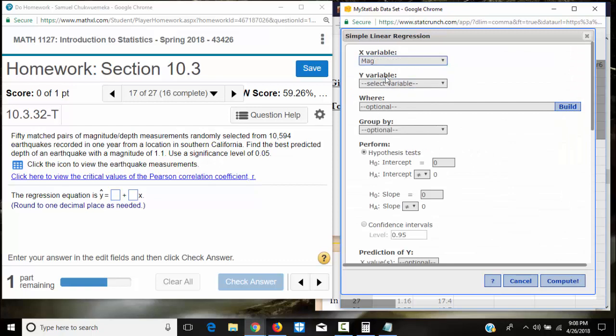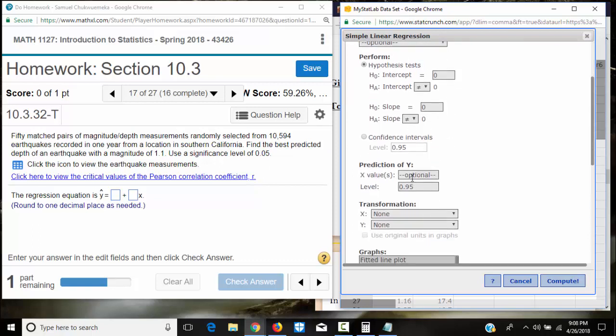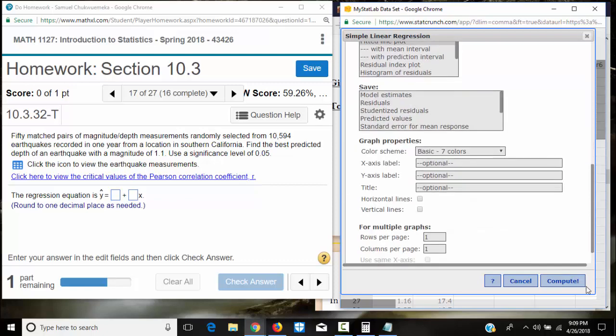X variable is the magnitude, Y variable is the depth. They want us to predict the depth for an earthquake with magnitude of 1.1. So we put 1.1 and leave it as 95% confidence level. Compute.